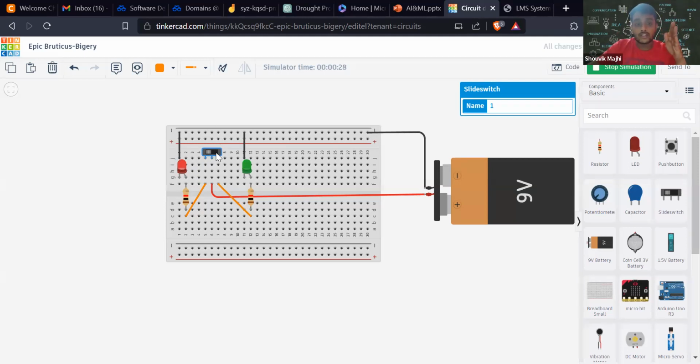When I shift the switch to the left, the connection between the green LED and the battery is broken. So this is how we can work with the switch, or you can play around with this slide switch according to your requirements. Okay. So let's stop the simulation.